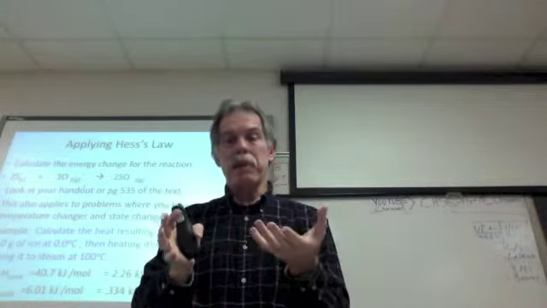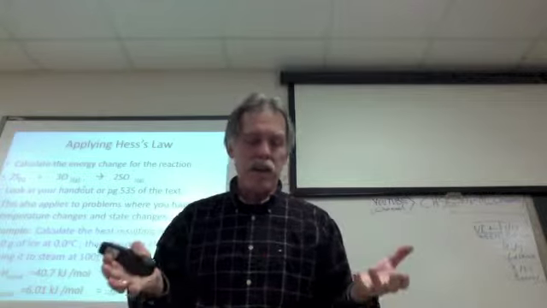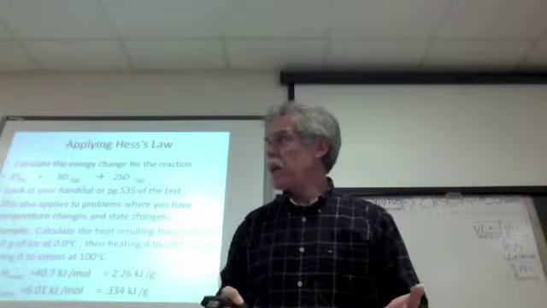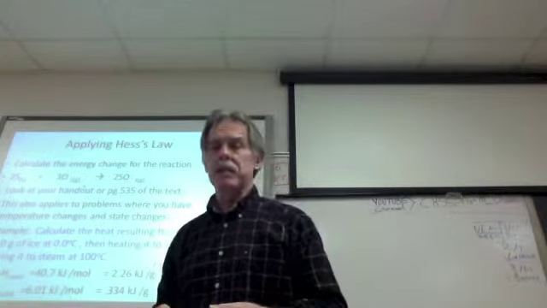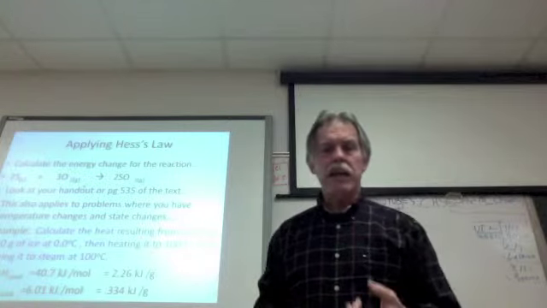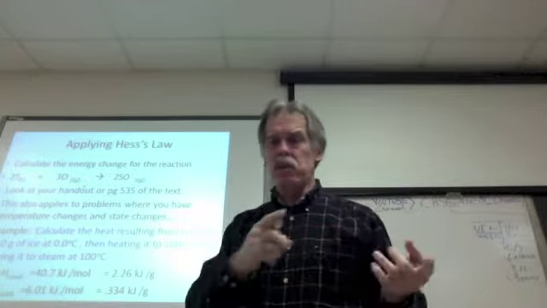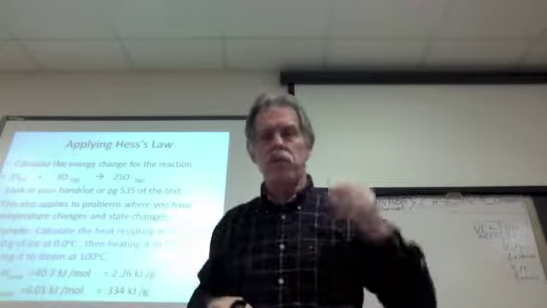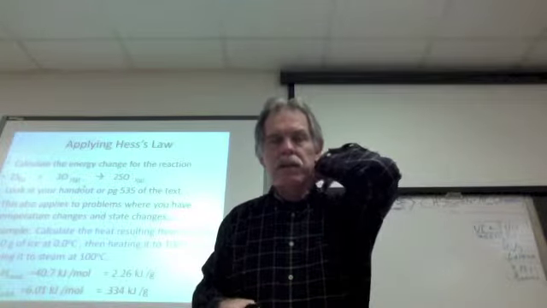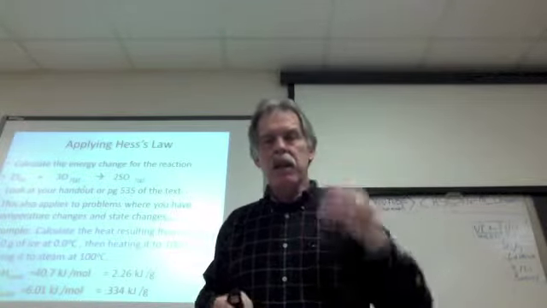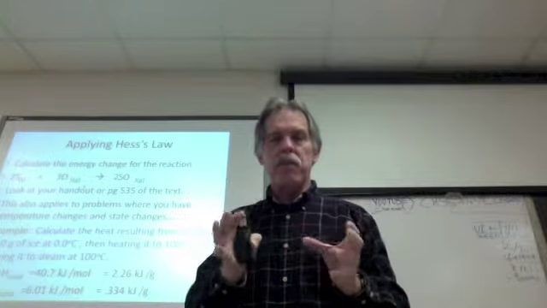Now, the only problem is in the first reaction, we've got 1 SO2. We need 2 in order to fire up the second reaction. So since we need 2, just put a 2 coefficient in front of the first reaction all the way across. And when you do that, you'll have your reactions to where they mesh together.